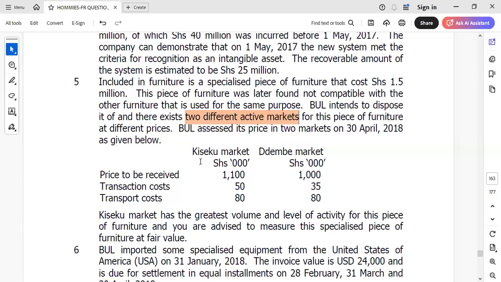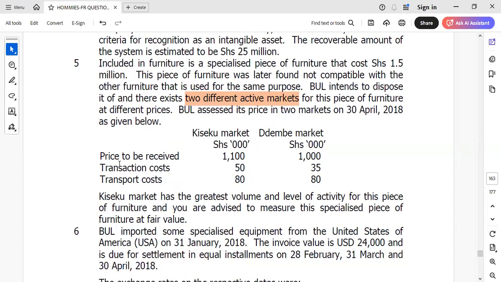You have Seku market and Dembe market. You have the prices to be received, you have the transaction costs, you have the transport costs. You are told that Seku market has the greatest volume and the level of activity for this piece of furniture, and you are advised to measure this specialized piece of furniture at fair value.